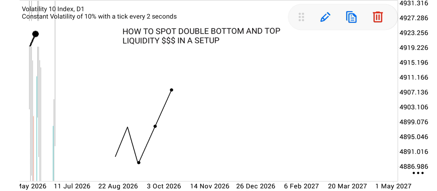We have our origin that caused the break of structure. So we have this, and we have something like this. The market gives us something like this.